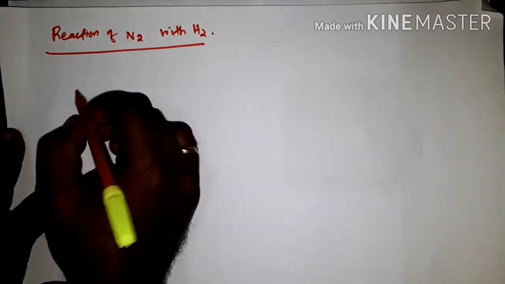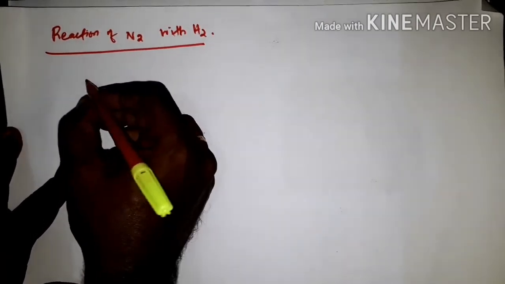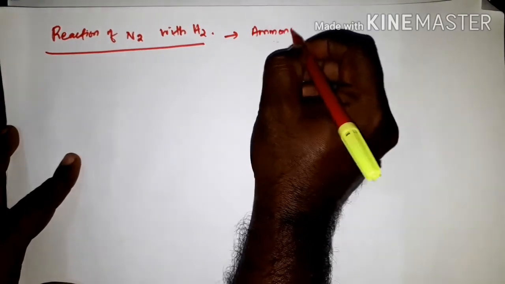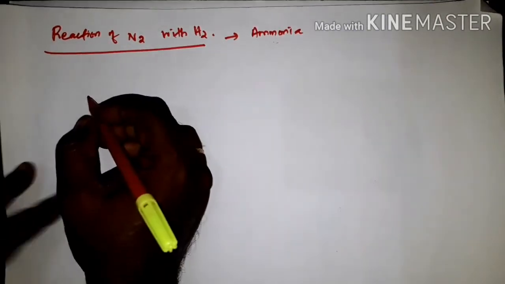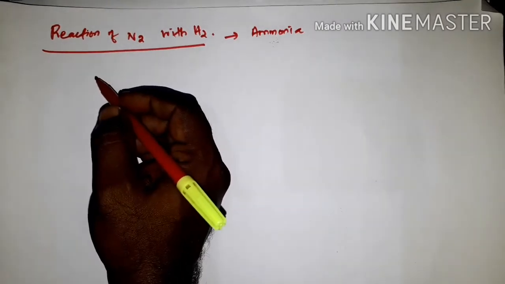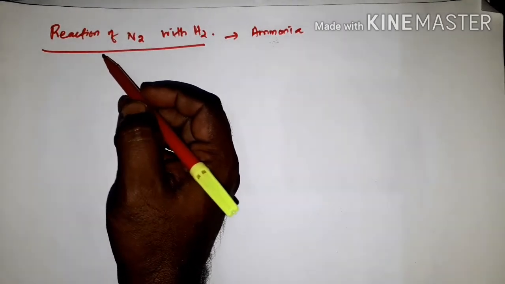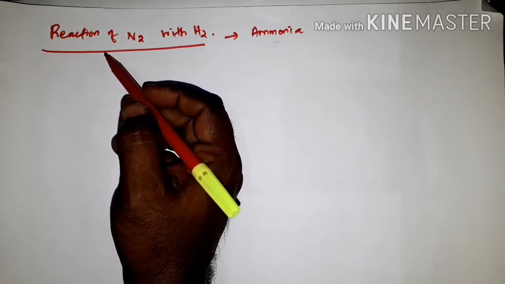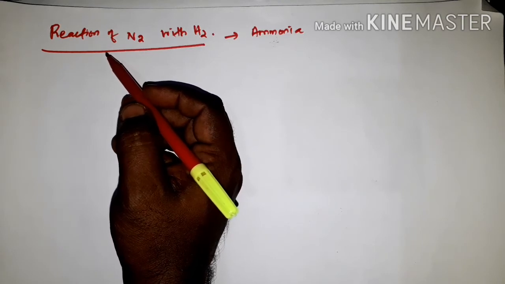Nitrogen reacts directly with hydrogen, giving ammonia. You studied the preparation of ammonia and Le Chatelier's principle last year, in volume 2 in class 11. There are several conditions: temperature and pressure.